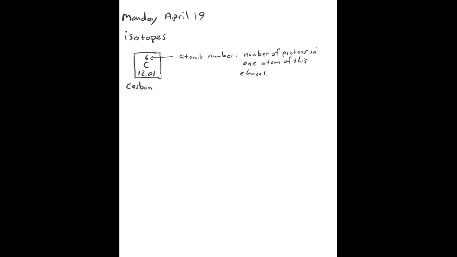Let's remind ourselves how this works, right? You've got this nucleus, which is, I'm going to draw this little circle, so that's your nucleus. And inside that nucleus, there are these protons. So if it's carbon, that means there's 6 protons in the nucleus. And then outside of that are where the electrons are.